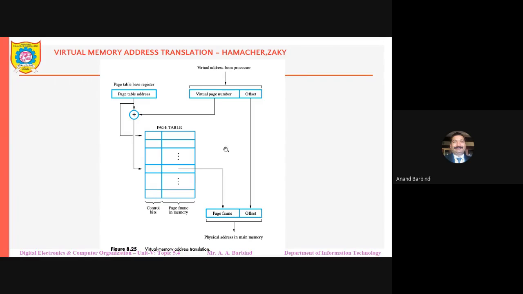All the pages are there on the secondary memory, that is the hard drive, and from there it is brought into the main memory. It will be allocated some frame in the main memory, the address of that frame is put into the required entry, and then the virtual address will be converted to the physical address.